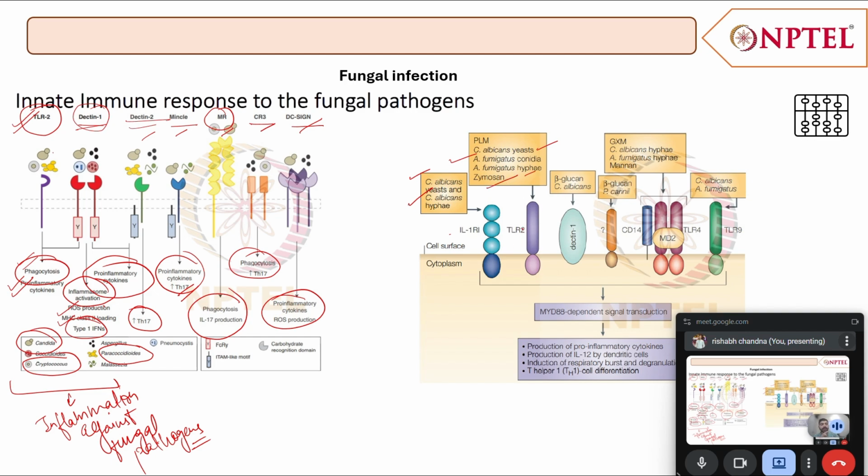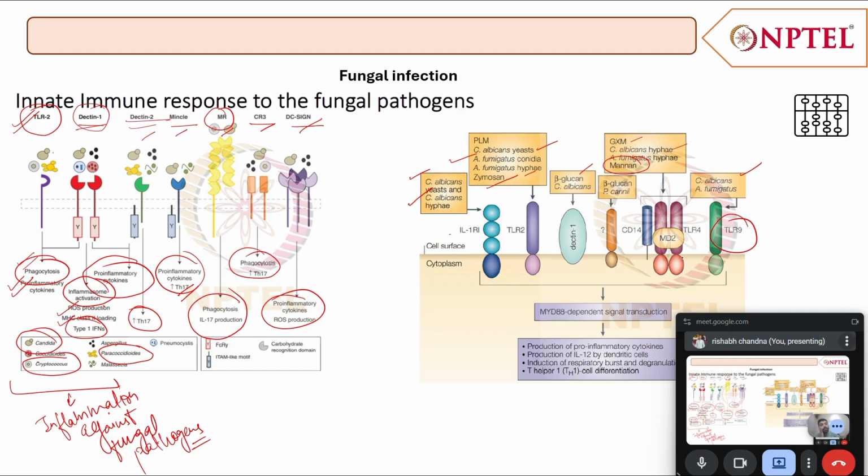Okay, then Dectin 1 recognizes the beta glucan of Candida albicans. Then CD14, TLR4, and MD2 recognize GXM, or the protein component of the albicans hyphae and the Aspergillus fumigatus hyphae, that is mannan. Then TLR9 recognizes Candida albicans and Aspergillus fumigatus.